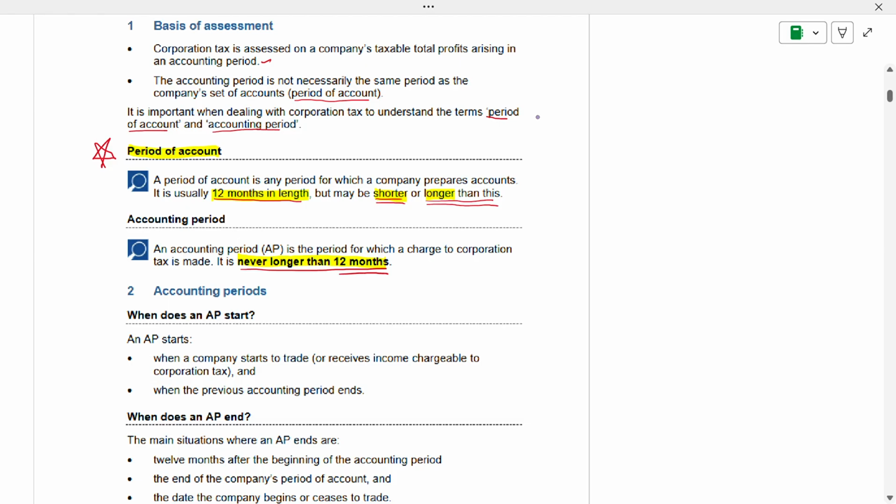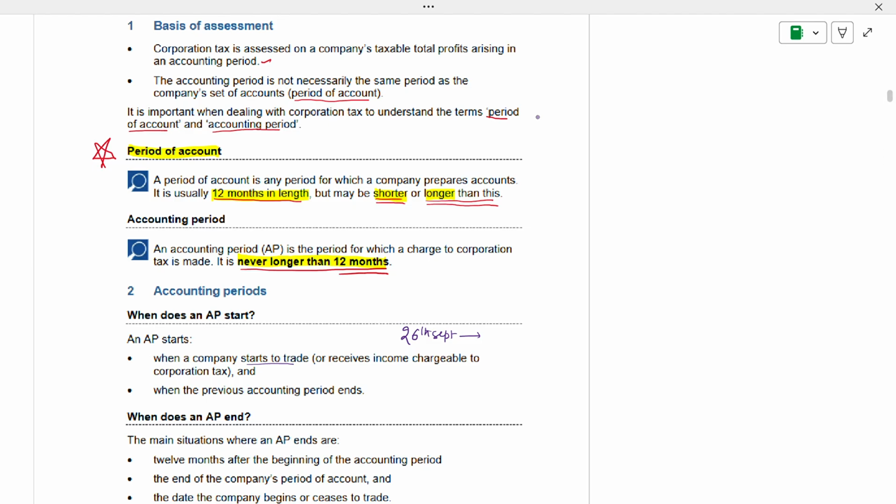Now, when does an accounting period start? An accounting period starts when the company starts to trade or receives income chargeable to corporation tax. You are starting your business on 6th of September. There is no hard and fast rule that you have to start on 6th of April. You may start on 26th of September.